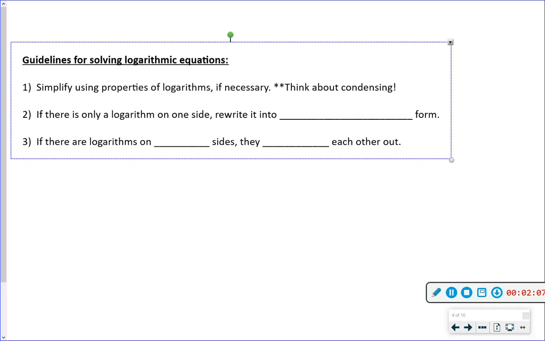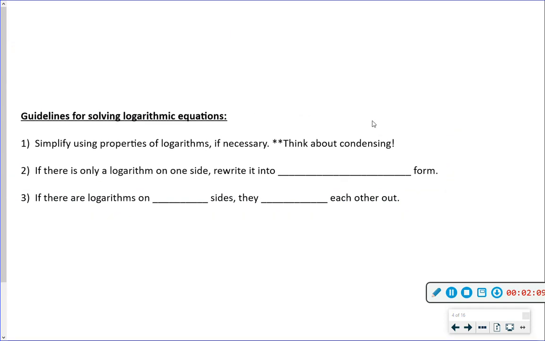Now, yesterday I gave you guidelines for exponentials. I'm going to give you some guidelines for logarithms. So simplify using properties of logs if necessary. This is why I gave you those warm-up problems. If you have multiple logs in there and you want to condense it down, 2 logs added go to 1 multiplied, 2 logs subtracted, division, and so on. Because you want to get to a situation where you have 1 log in it or 2 logs.